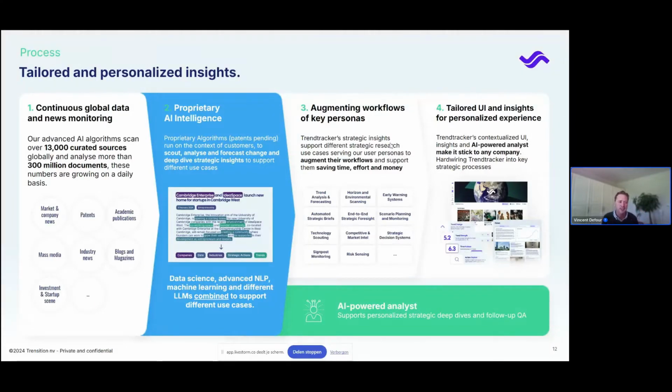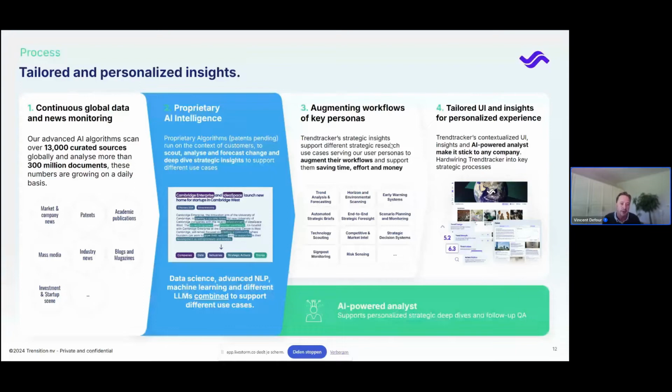They are all curated data sources that we spend a lot of time and effort capturing, but it's all about monitoring change at a holistic level: academic news, business news, mass media news, company news, investment news, startup data, all that kind of information that we need to extract to understand how trends or specific drivers of change impact companies.